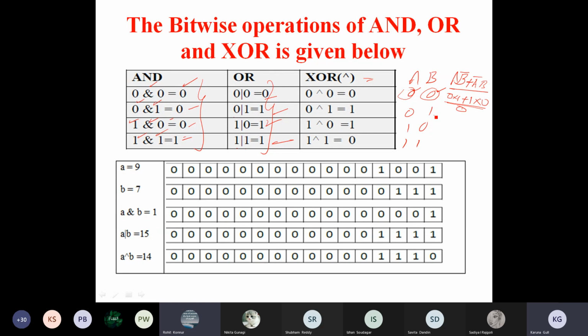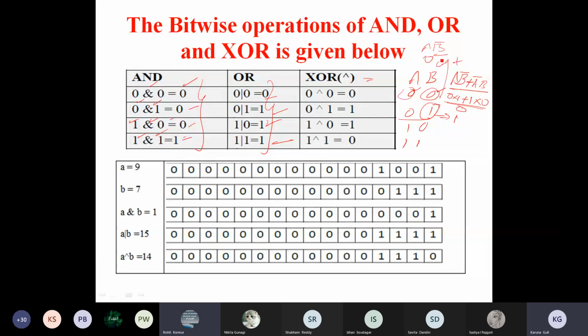Is that clear? So what is the output for this 0 1? 1. How do you say? You just expand this. How do you write this? This is A into complement of B. A is 0, and complement of B, so B is 1 here, is 0. So this is 0.